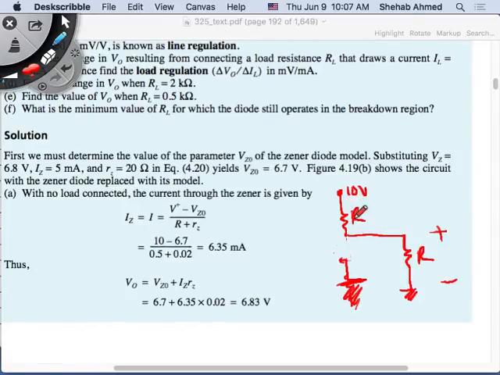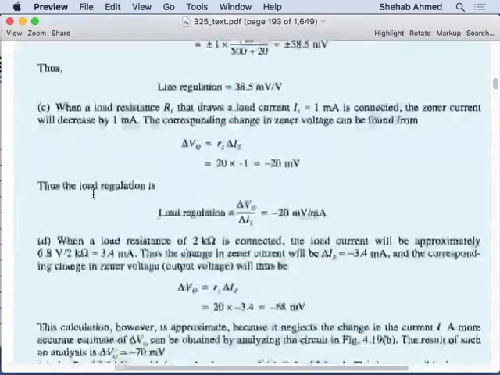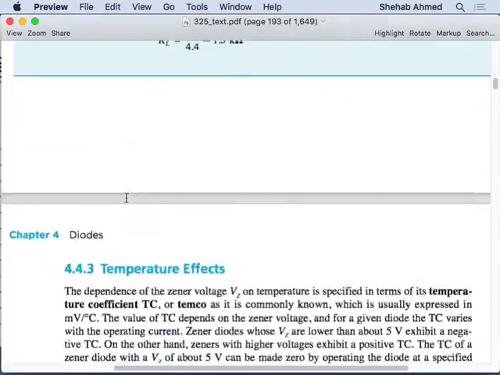Voltage divided between this resistor value, which is R1, I think it was half a kilo ohm, and this new resistor value that they gave us. It happened to be also half a kilo ohm, so the voltage here is going to be 5 volts. Am I close to 6.8? No. 6.8 was my Zener diode's voltage. I'm very far away from that, and I'm no longer getting the benefit of the Zener action that I used to benefit from. Okay? So this is the Zener diode in a nutshell.